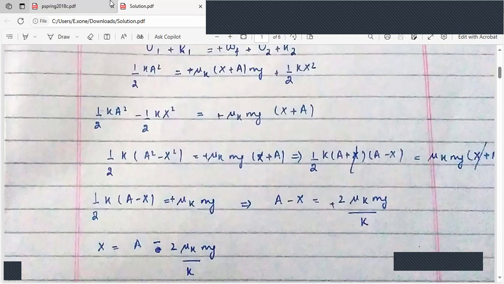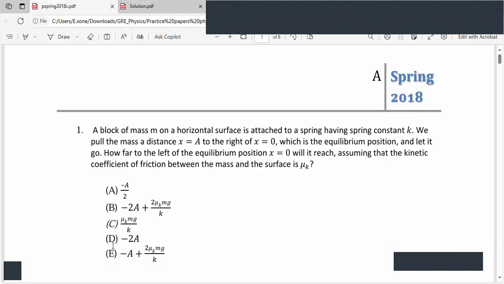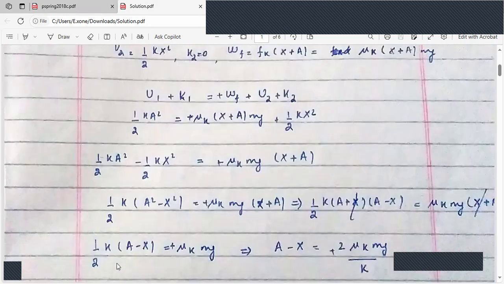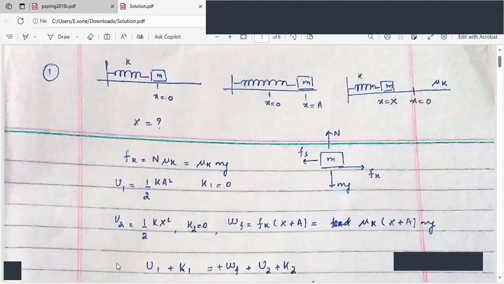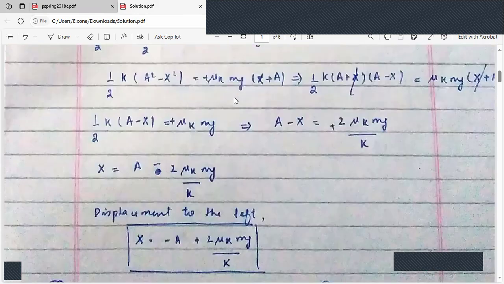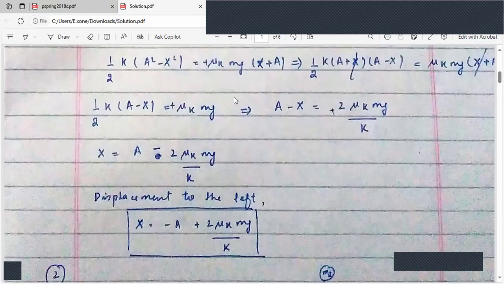You can see that there is no option like the one we found here. But we know that we are using a coordinate system that has a positive direction towards the right, so the negative direction towards the left should have a negative sign for positions to the left of the equilibrium point.